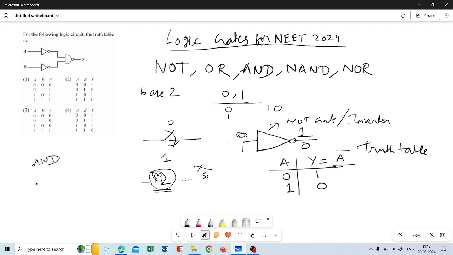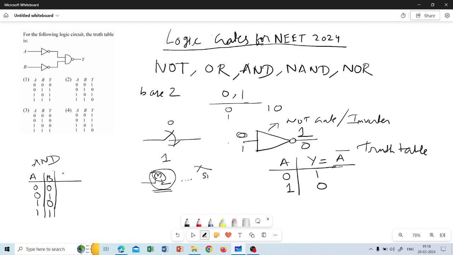This is nothing but an AND gate. This is how an AND gate works. We are only concerned with two inputs here, A and B. For two inputs there are 4 possible combinations: 0 0, 0 1, 1 0, 1 1.